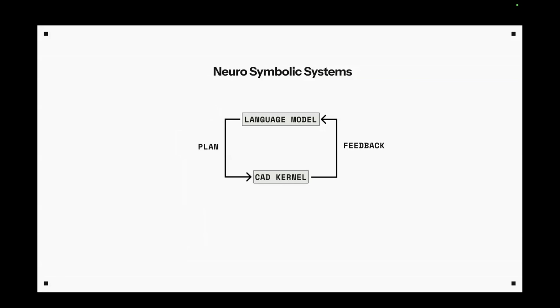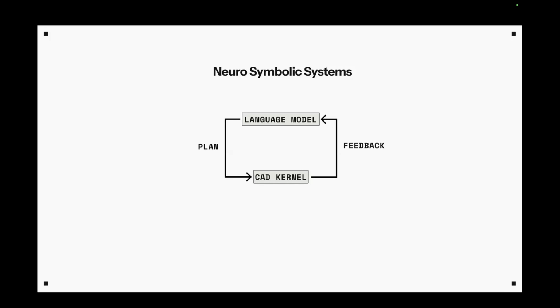Like what we do at Raven, we call it a neurosymbolic system. The idea is that the language model doesn't construct the entire CAD model, but it makes a plan, right? Raven is the whole system, but the LLM comes up with a plan for a Grasshopper model it wants to make. Instead of giving you the final model, it makes a plan and sends it to Grasshopper.